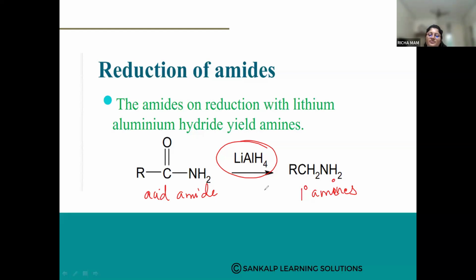Let me give an example. I'll take acetamide in the presence of lithium aluminum hydride and water. What am I going to get? I'm going to get CH3CH2NH2 plus water. So this is primary amine.